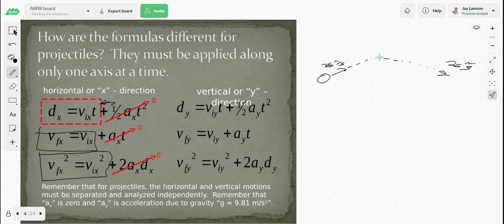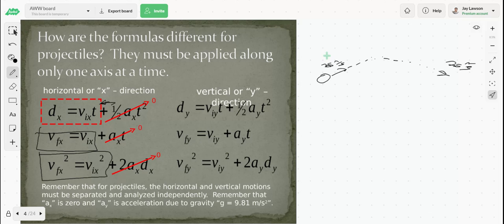So something else to note when you're working these problems. Now, in the y direction, we're going to have to keep these formulas in mind. Notice how I put subscripts for both the x and the y directions. I encourage you to do the same, because you're going to have a lot of different stuff going on at the same time. You're going to have different velocities, different accelerations, different distances, and we don't want to get those mixed up.